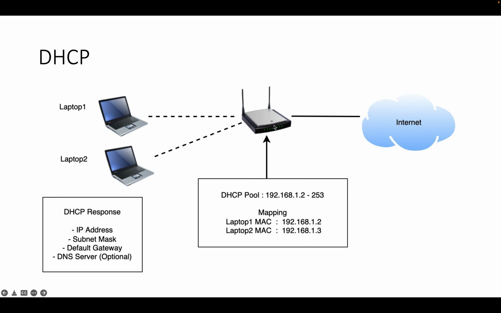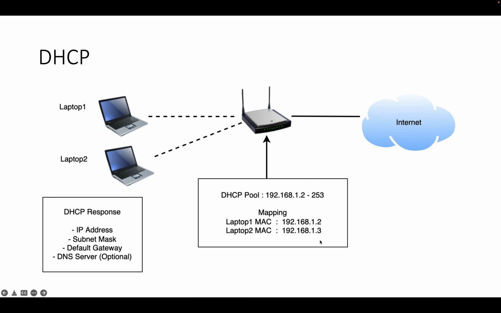And once the wireless router has assigned an IP address to your laptop, it caches that mapping. And what I mean by that is, let's say when the client made a request that it wants an IP address, it's going to send a request, right? So there is a field in that request which is the MAC address. So it caches the MAC address, and then if it has issued an IP address of 192.168.1.2 to that laptop, it'll create a mapping like this.